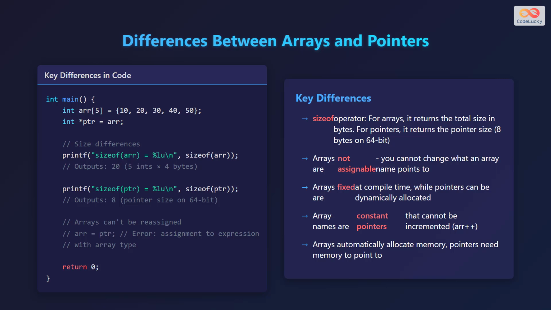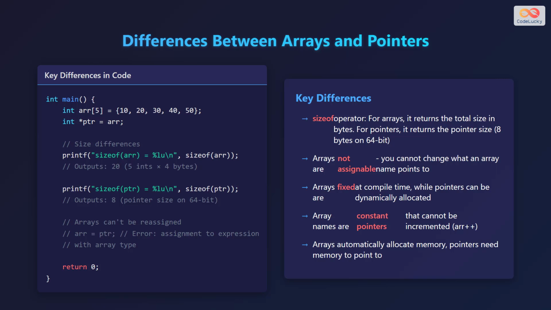For arr, it outputs 20 because there are 5 integers each taking up 4 bytes. For ptr, it outputs 8, which is the size of a pointer on a 64-bit system. One important thing to note is that arrays cannot be reassigned. Trying to assign ptr to arr will result in a compilation error.